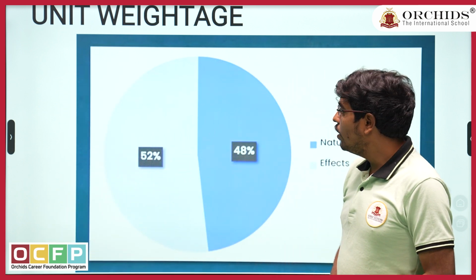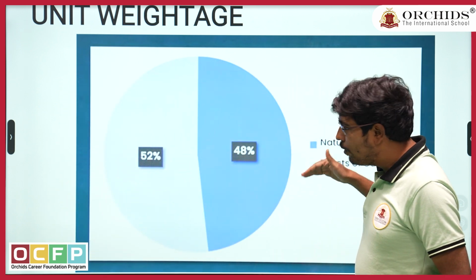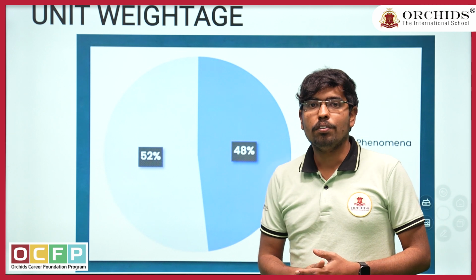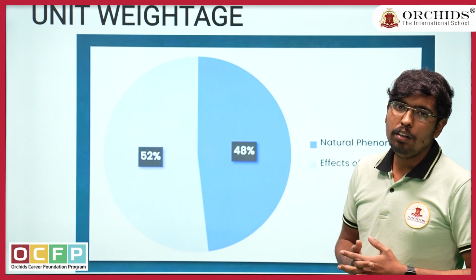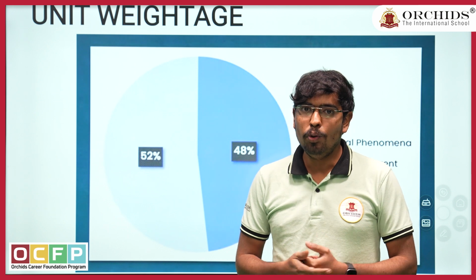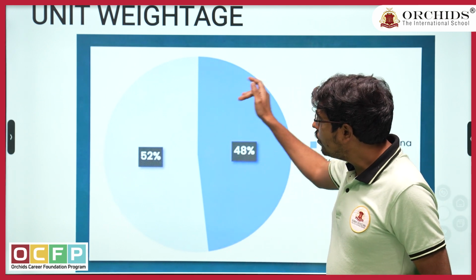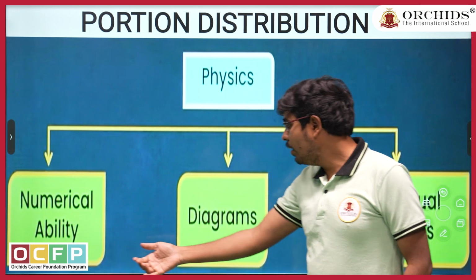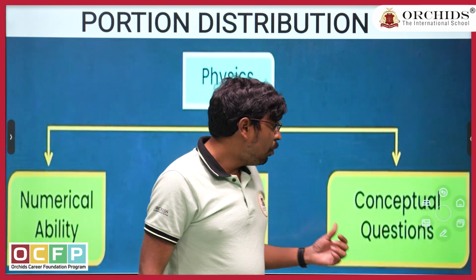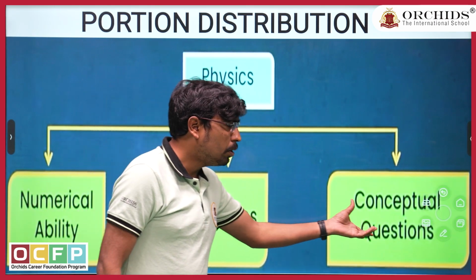Now I am going to discuss in detail each chapter, what is going to be important and what you have to concentrate on more. Whenever you are preparing for the physics examination of the CBSE board, we have to distinguish between 3 points. One is numerical ability, the next one is diagrammatic questions, where you have to draw the diagrams, and the next one is conceptual questions.